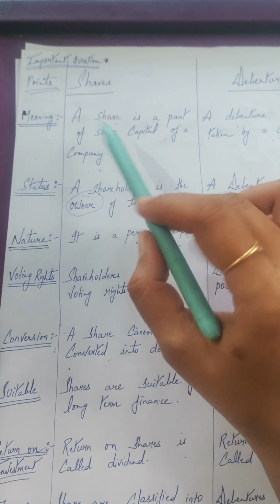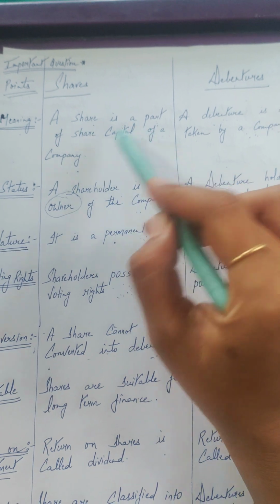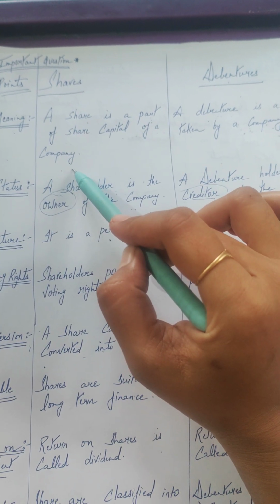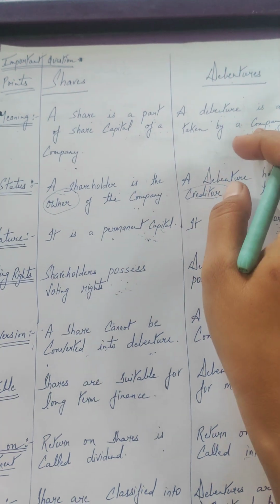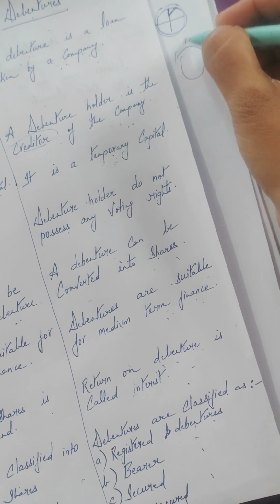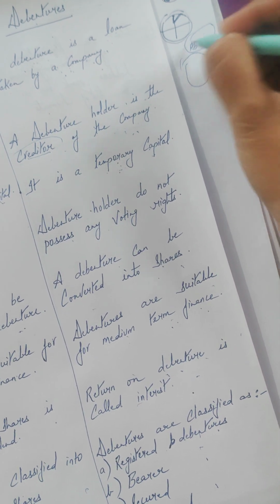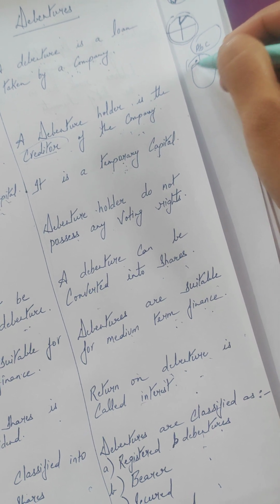What is the meaning of share? A share is a part of the share capital of a company. Like if ABC company is there, and in this ABC company you are purchasing a unit of some quantity.